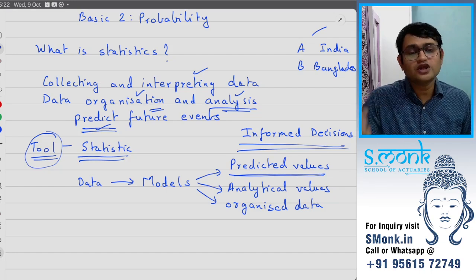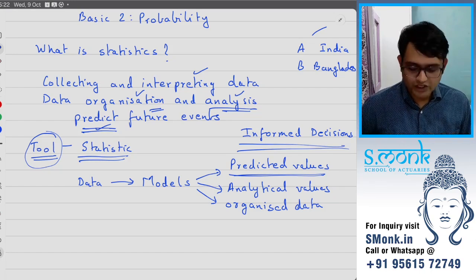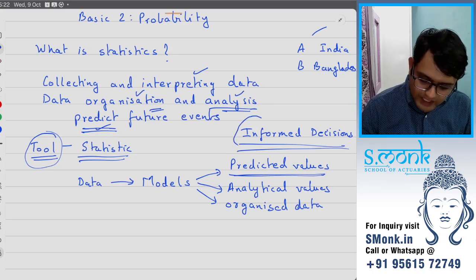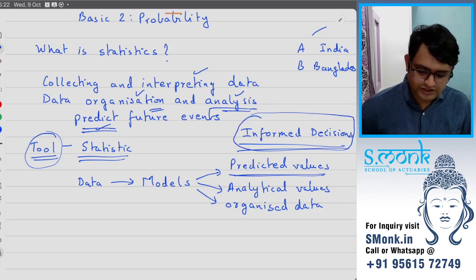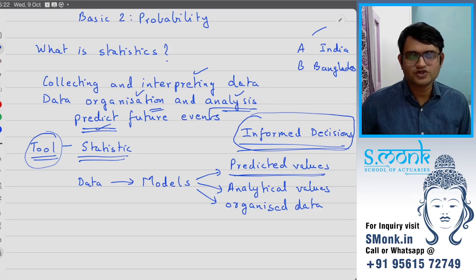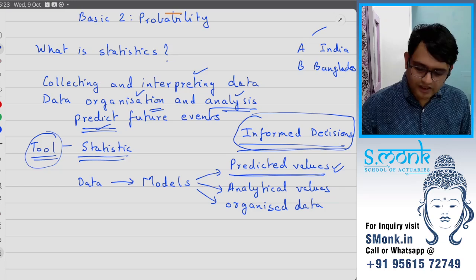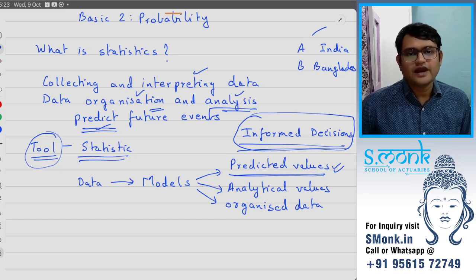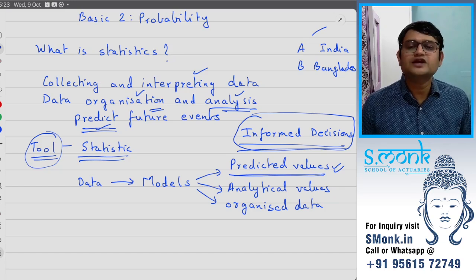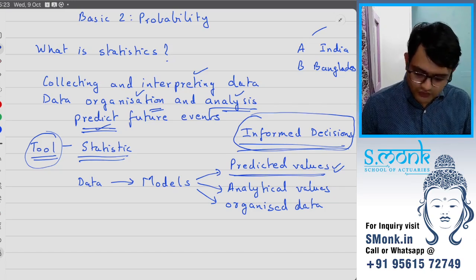So the better you are informed, the better decisions you are going to make. So what we are trying to do is make informed decisions. Okay. So the better information you have, the better prediction you can make, and there is more chance that you will be able to predict something in the future.